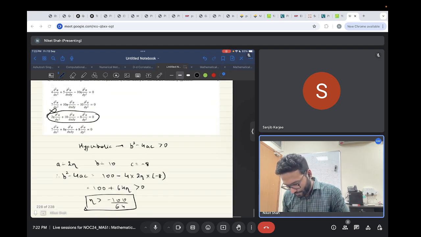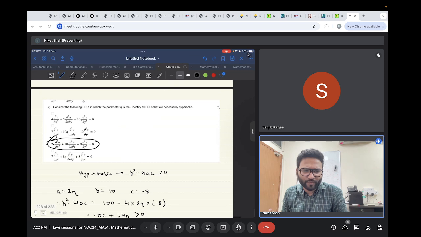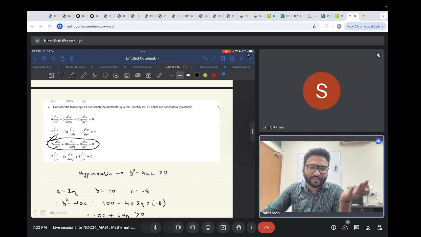All right. So similarly, you can solve the other options wherever there is some necessity, as in eta square or something comes up, and you know that because eta is real, eta square is going to be positive, and the inequality is such that on the right hand side there is something negative, and eta square has to be greater than that.